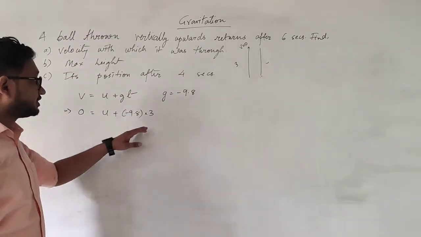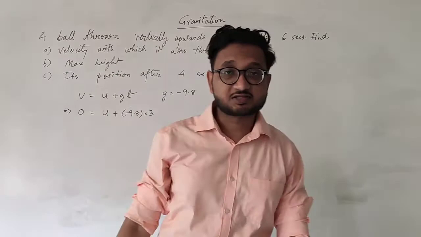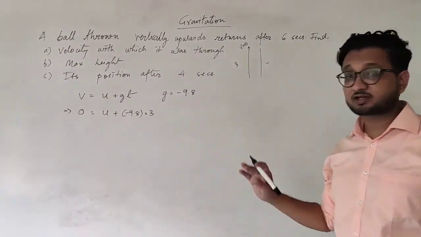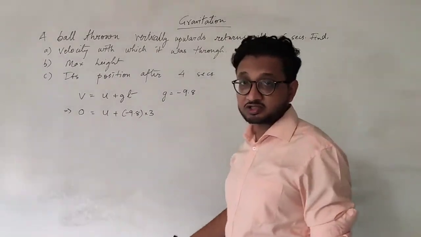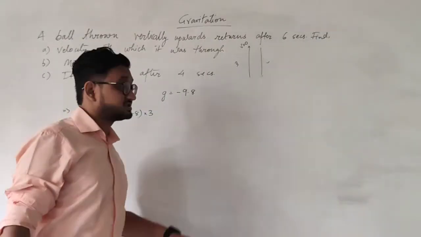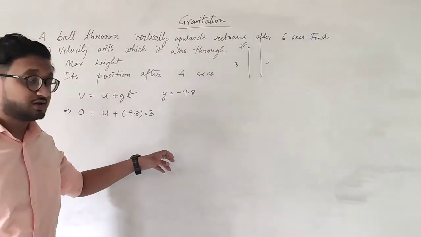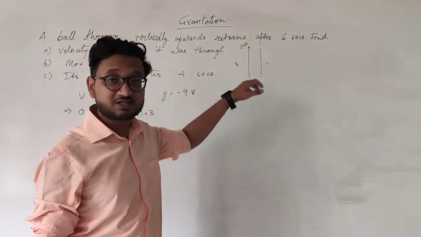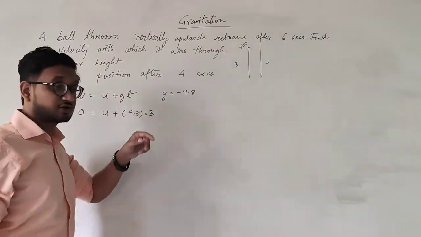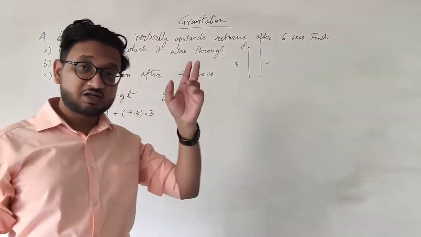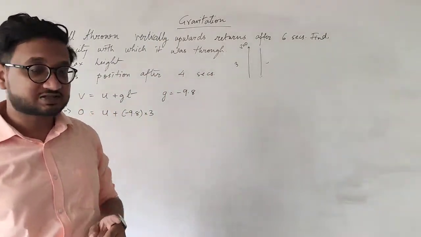That is why we have only used 3 seconds and not 6 seconds. First of all you have to understand the question and use the values according to it. Why can you not directly use 6 seconds over here? Because 3 seconds is for going up and 3 seconds for coming down. It is clearly stated in the question: ball thrown vertically upwards returns back after 6 seconds.